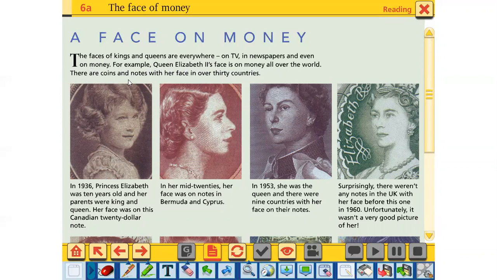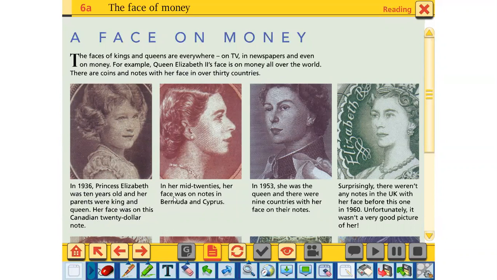There are coins and notes with her face in over 30 countries. In 1936, Princess Elizabeth was 10 years old and her parents were king and queen. Her face was on this Canadian $20 note.